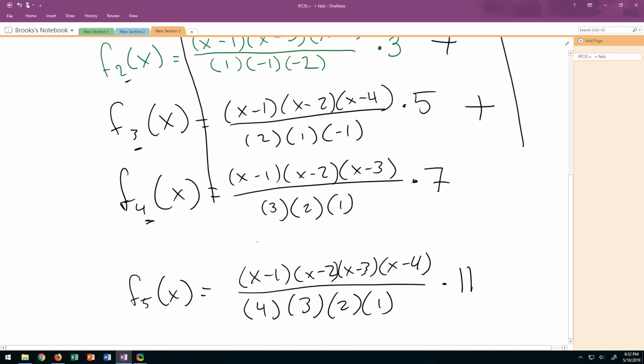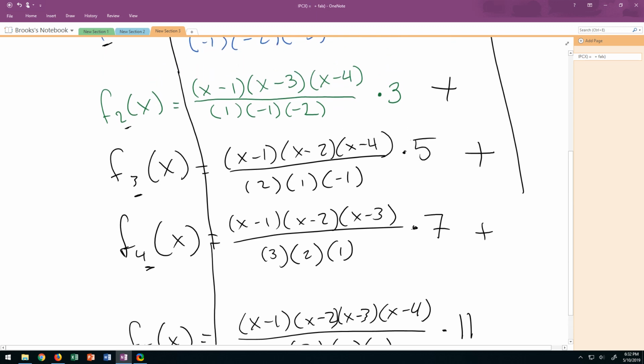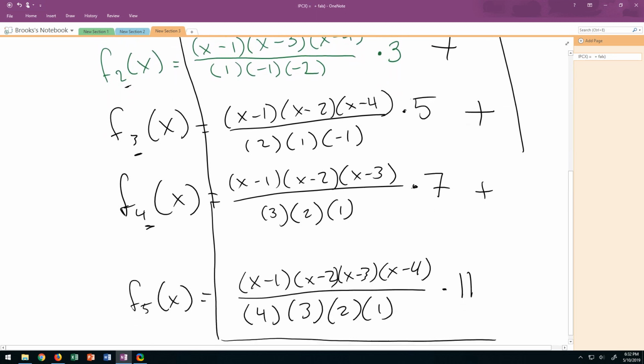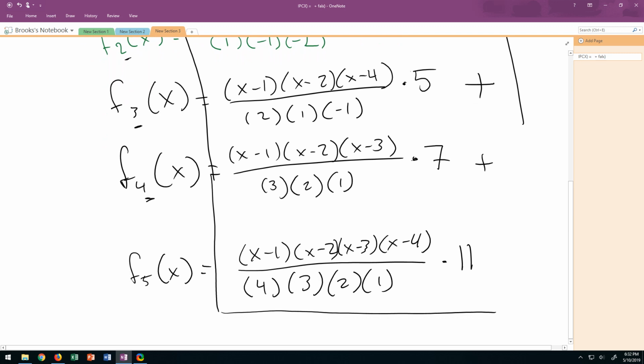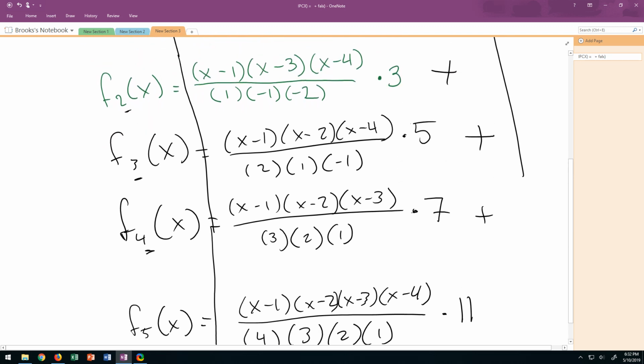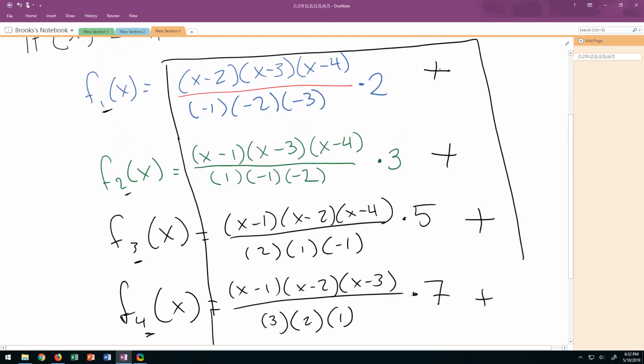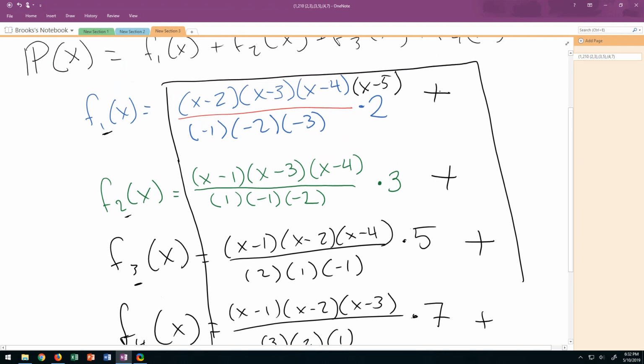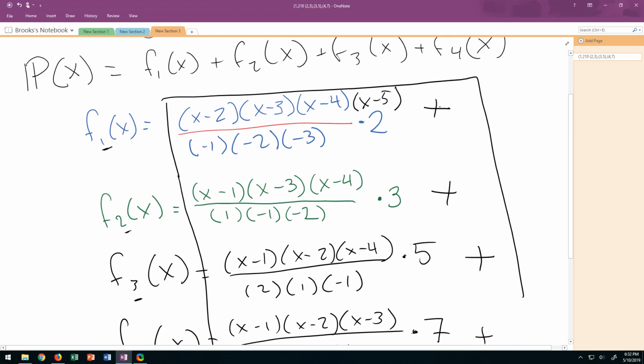Now, I'm not done. I can't just add this guy, because f sub 1, f sub 2, f sub 3, and f sub 4 in their current construction don't have zeros at x equals 5. So I would have to actually alter these guys. I would have to put an additional term on the top of x minus 5, and I would also have to evaluate f sub 1 at 5 and divide by that value. So 1 minus 5 is negative 4.